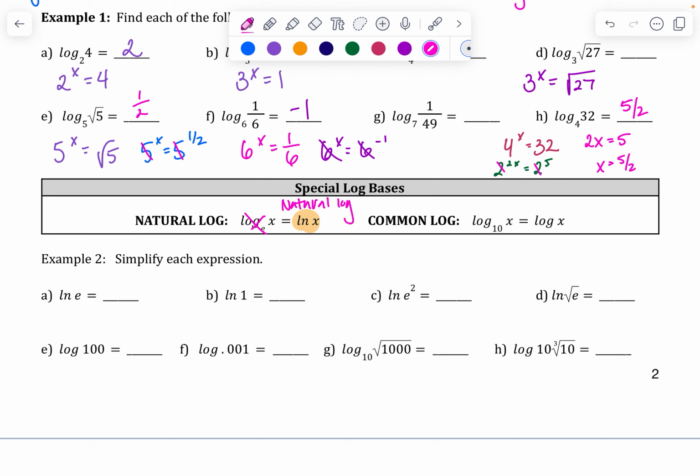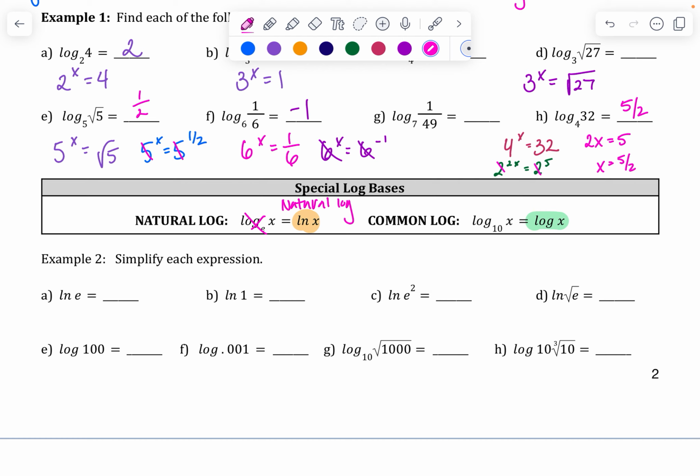There is also what's called the common log. Whenever I have log base 10 of x, whenever it has a base 10, you can just write it as log of x, okay? They are the same thing, especially when we get to the next section of notes. You are going to have to write log multiple times. If it has a base 10, you could just write log of x, okay?